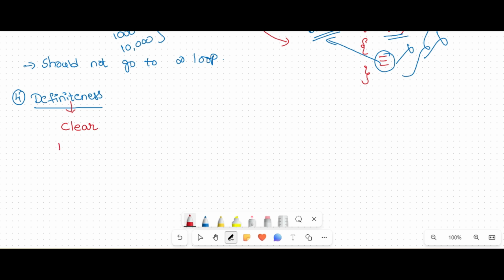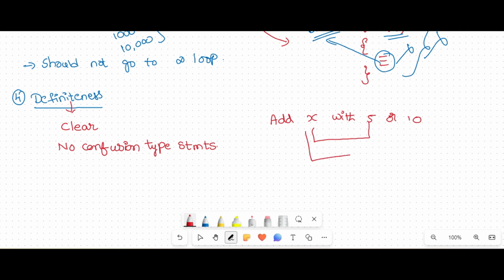There should be no confusion type of statements. For example, add x with 5 or 10. You can't write like this. What is the meaning of this? Whether x should be added with 5 or x should be added with 10. So here it is a confusion.